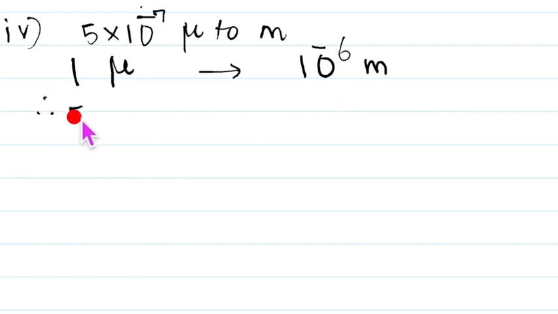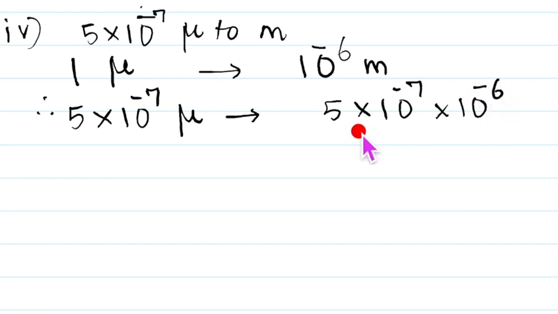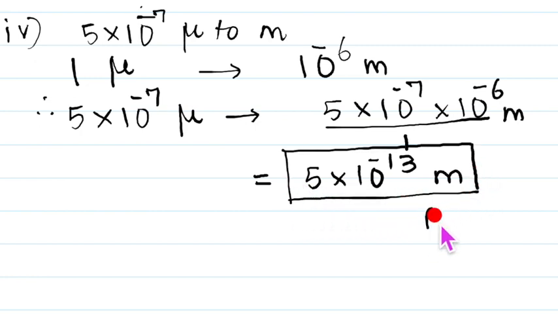So therefore we will have 5 into 10 to the power minus 7 microns will correspond to 5 into 10 to the power minus 7 into 10 to the power minus 6, cross multiply, divide by this, those many meters. So that will be equal to 5 into 10 to the power minus 13 meter. And this is our answer 4.